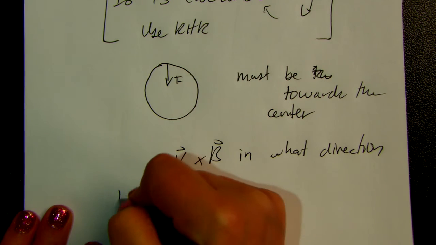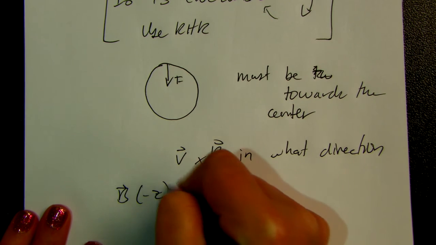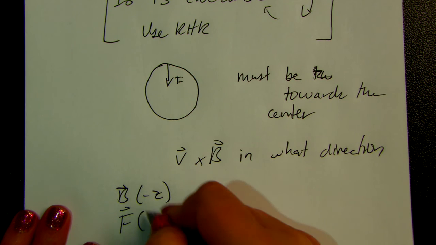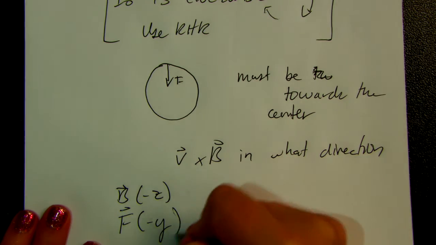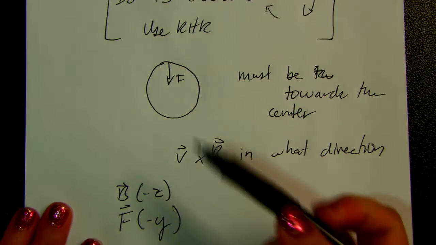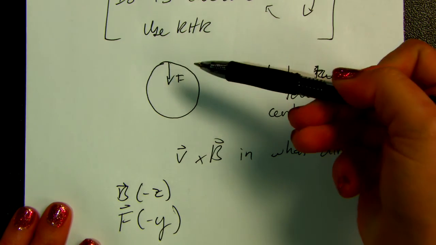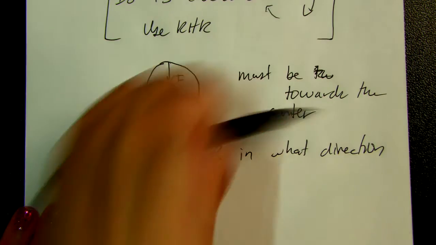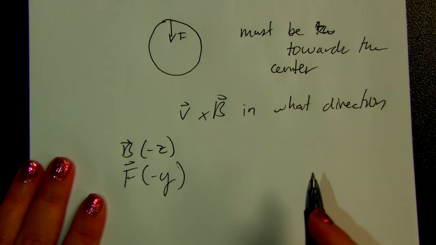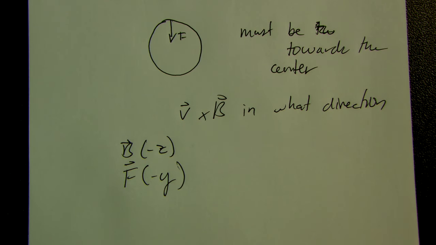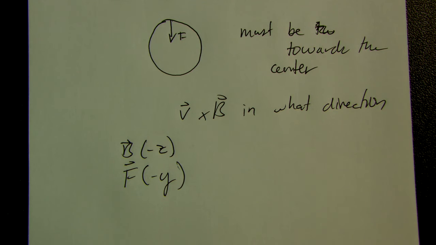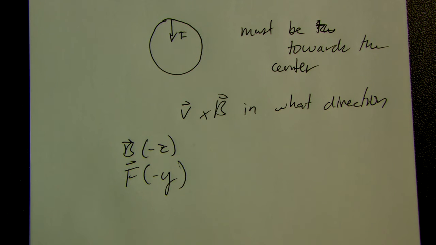We know that B is in negative Z, and we know that the force is in negative Y for this setup. So the question is, is V in negative X or in positive X? Here's how I think about stuff like this. You can kind of do it with the right-hand rule, but I like to look at cross products.